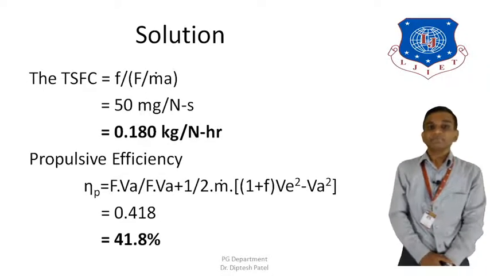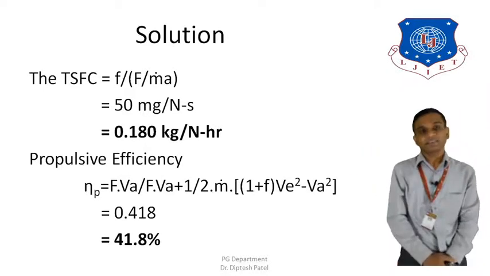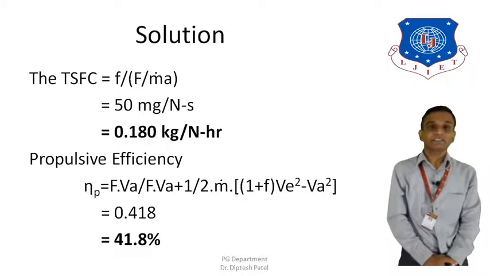Then the thrust specific fuel consumption, and to get the thrust specific fuel consumption, I'll use the equation f upon capital F plus ma divided by ma.